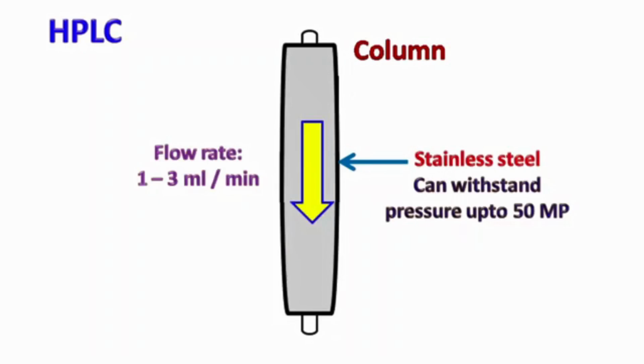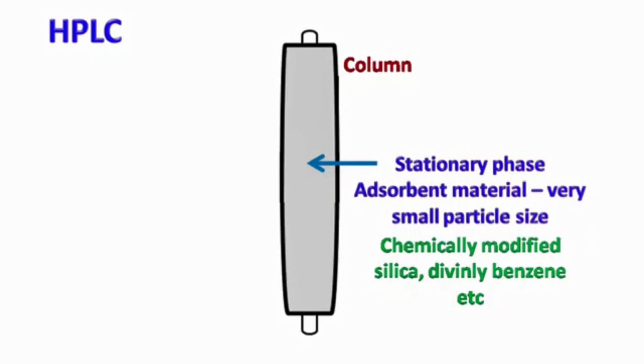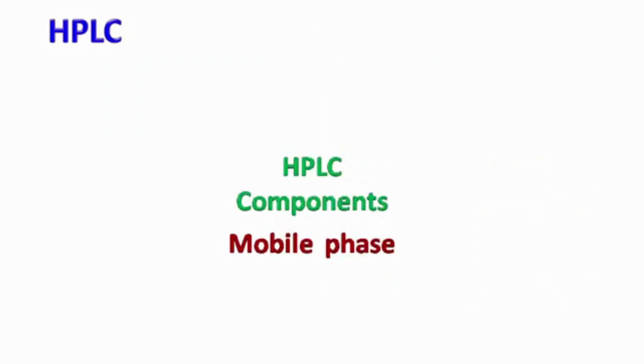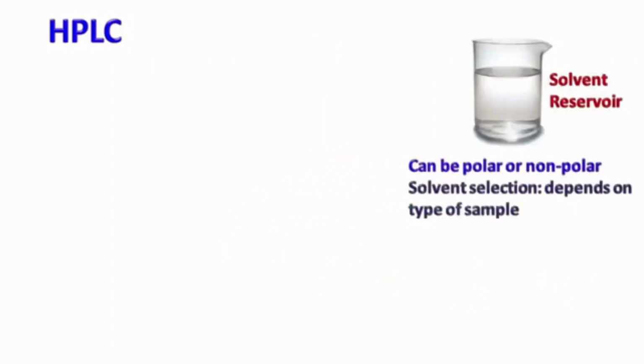The stationary phase. As discussed earlier, the stationary phase is made up of an adsorbent material that has a very small particle size. The particle size is kept uniform to obtain a better performance. Usually chemically modified silica, divinyl benzene, etc. are commonly used as a stationary phase. The mobile phase. The mixture of different solvents can be used as a mobile phase.